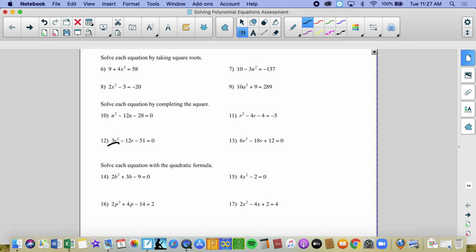Do we really want to use the technique of completing the square for this? No. Quadratic formula would probably be better. If we divide everything by 6 here, you end up with an odd b. That would be 3. Do you want to complete the square with an odd b value? No, it's not the most efficient. So I would probably use the quadratic formula here again.